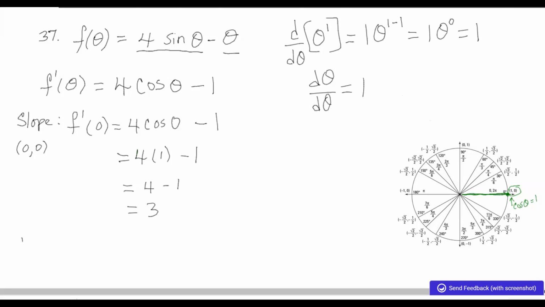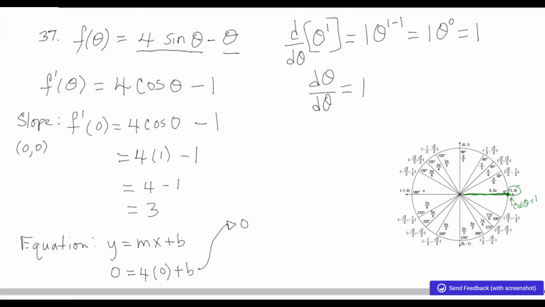So to find the equation of our line, we can use the equation y equals mx plus b. Well, in our case, y is 0 and m is 4 and x is 0. We need to figure out what b is.